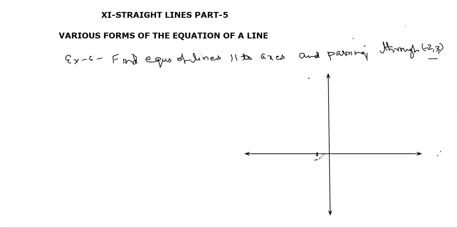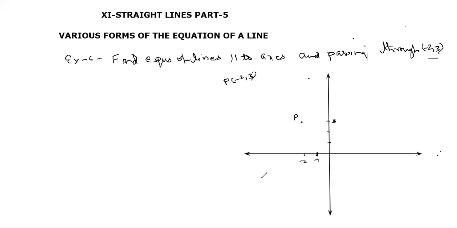Suppose this is -1 and -2 on the x-axis, and on the y-axis 1, 2, 3. This is the point whose coordinates are (-2, 3). The coordinates of P are (-2, 3).